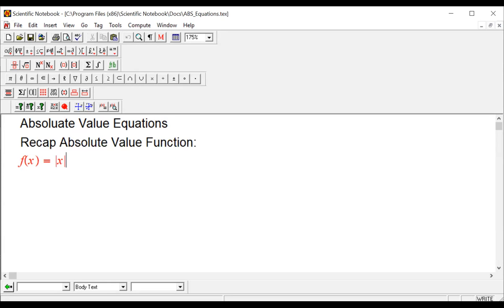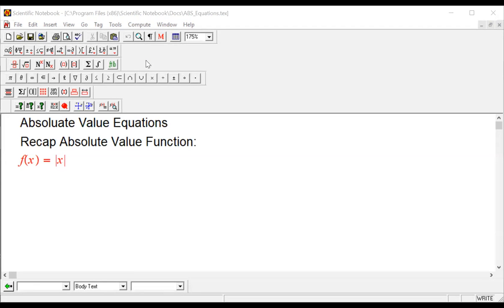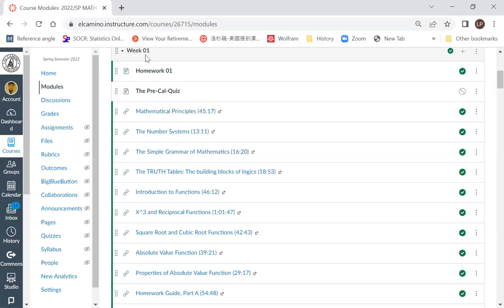Recall that we have done this work before in week 1. In the first week, we talked about the absolute value function, which is right here, the properties of absolute value functions, and we went over examples.